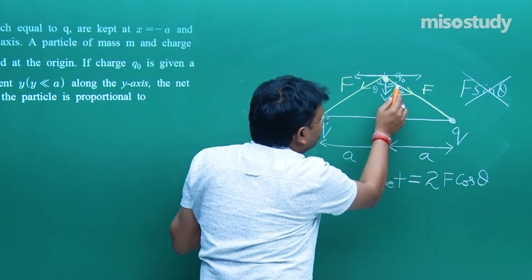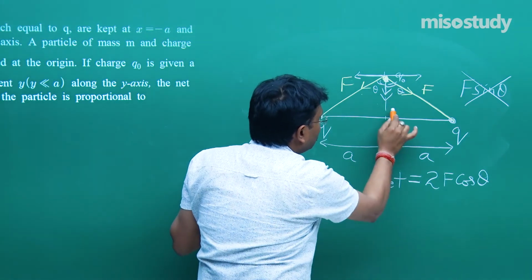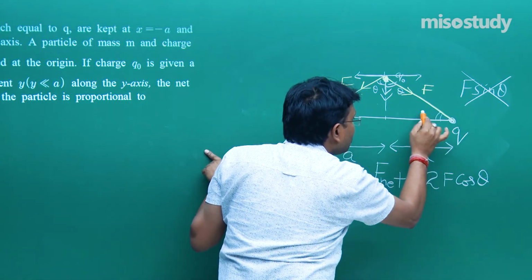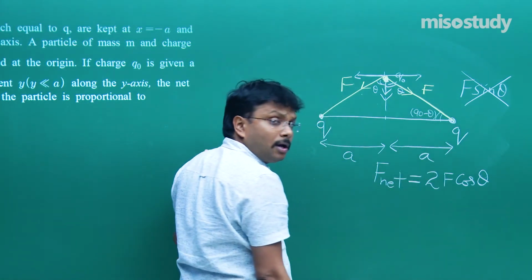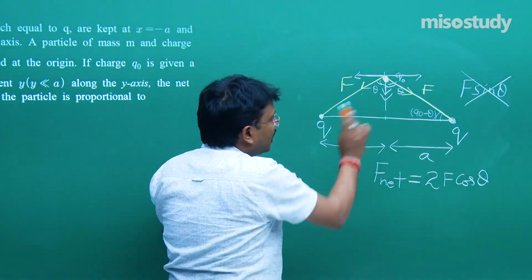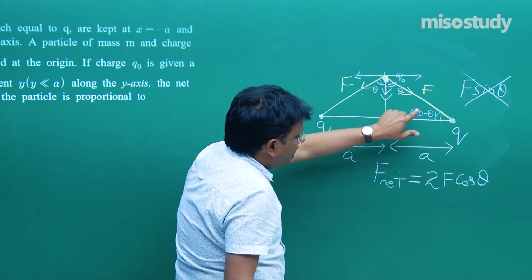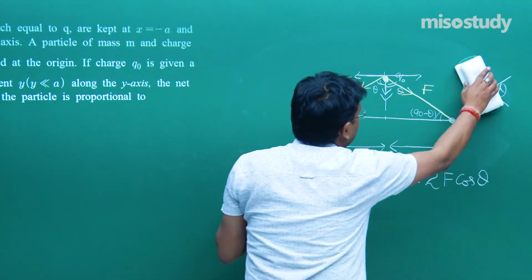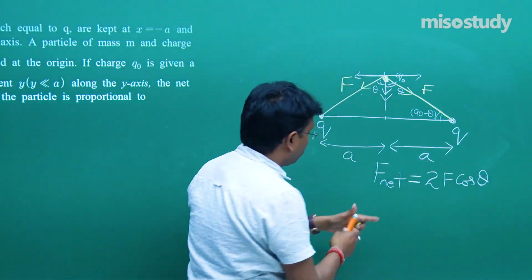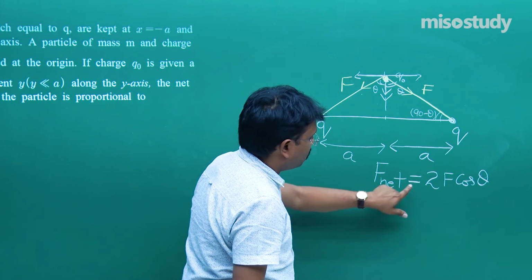Fine. Now, what is the value of theta? See the situation. If I am saying it is 90 minus theta, you will say, okay, basic trivial point of trigonometry. So now from here, what I can write down in totality. Just take a look over here. I am going to write down the final step, that is F net is equal to twice.